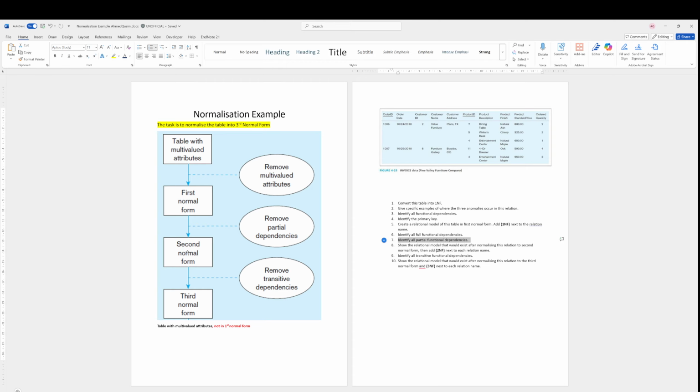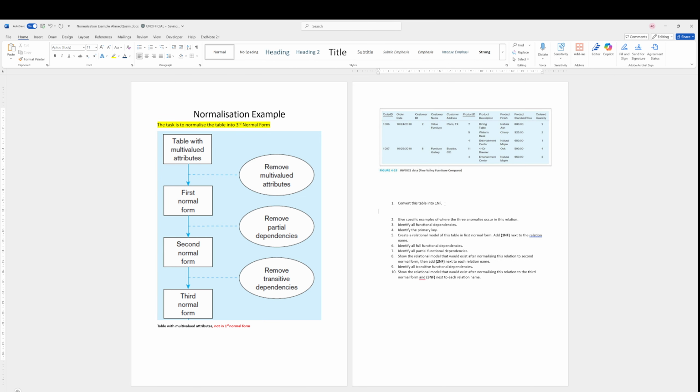And then we will convert the relation into the second normal form. After that, I need to identify transitive dependency. Then I will be able to transfer this relation into the third normal form. So I'll take you step by step through this process.